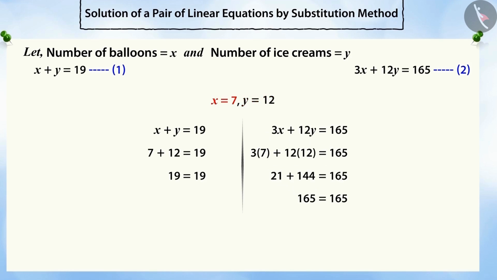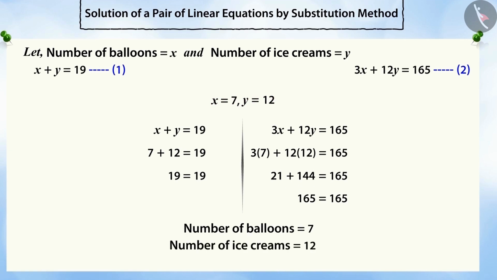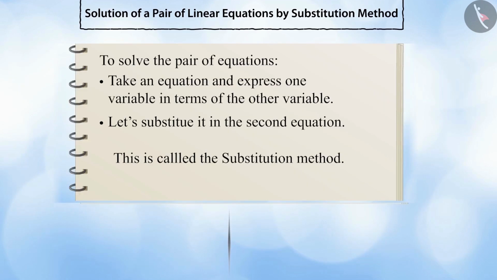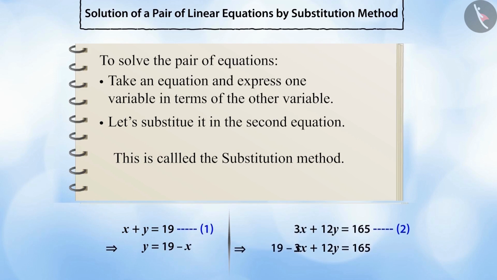Therefore, Rahul bought 7 balloons and 12 ice creams. Here, to solve the pair of equations, we have used one equation and expressed one of its variables in terms of another variable and substituted it in the other equation. And that's the reason this method is called the substitution method.